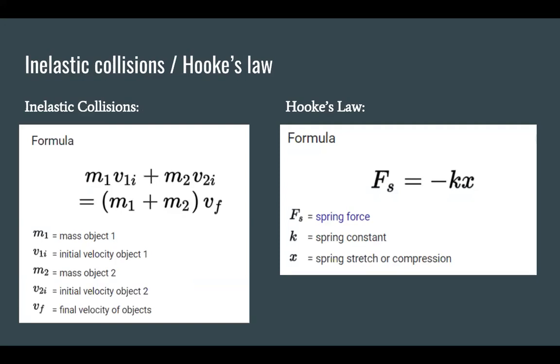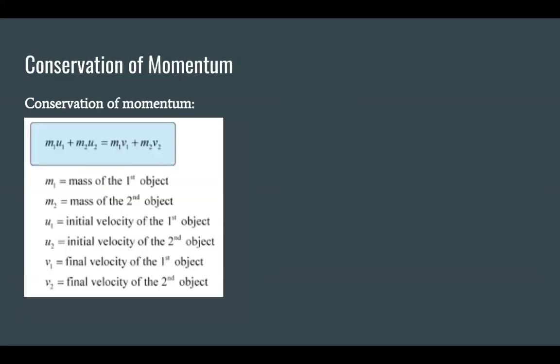The formula for Hooke's law just shows a perfectly ideal spring with no other outside force depending on its spring force, where it's just the spring constant and how much it's being stretched or compressed. And for the conservation of momentum, it's just an equation showing two different momentums moving and then becoming the same momentum with no loss because it is conserved. And then with these assumptions and what we know, I'm going to pass it over to Tristan, who's going to give us our solution.